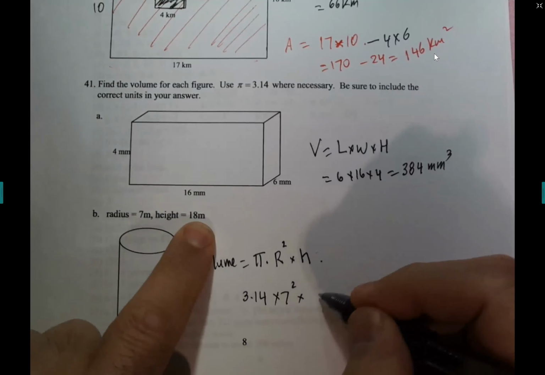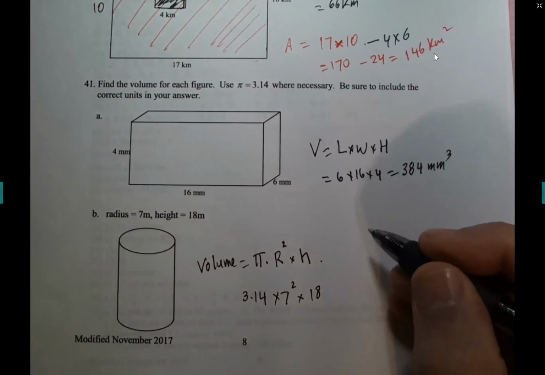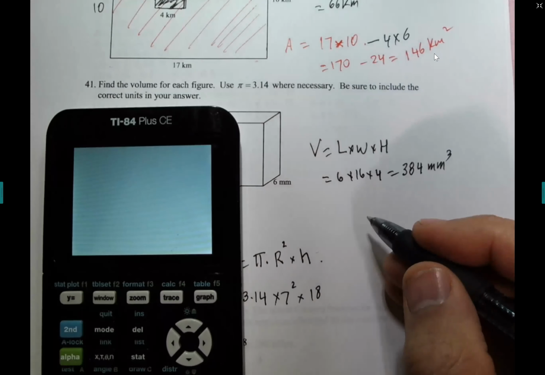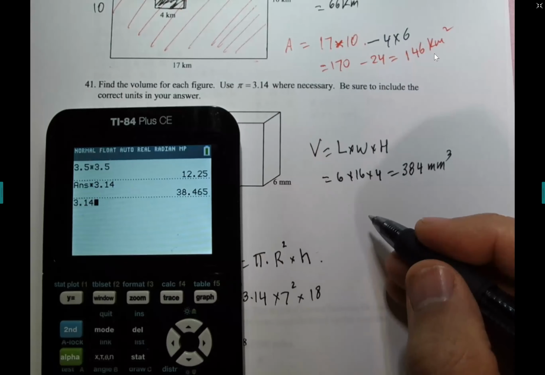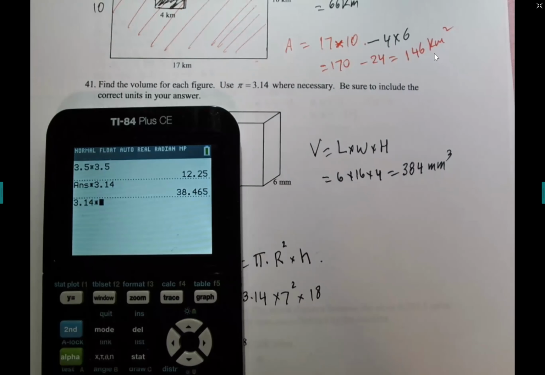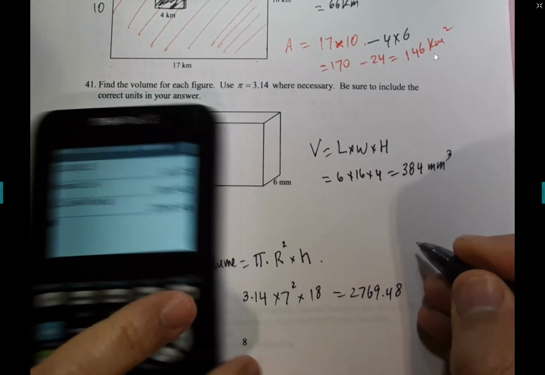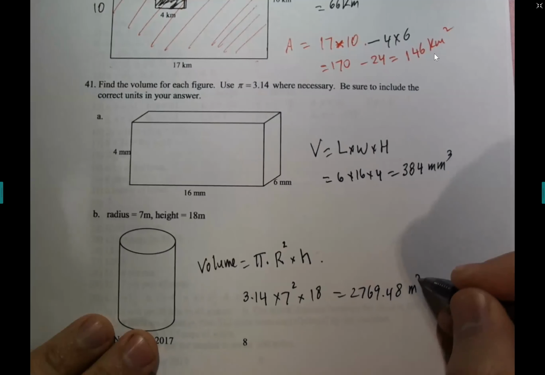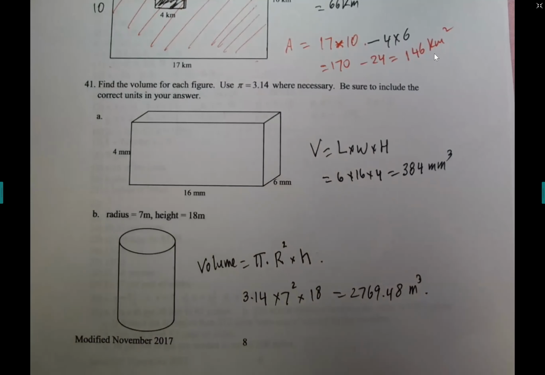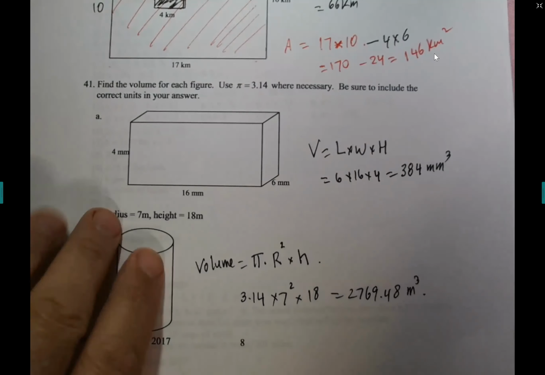And he says the height is 18. Okay, on your calculator, 3.14 times 7 times 7 times 18. And the answer is 2,769.48 meter cubed. Okay, guys.